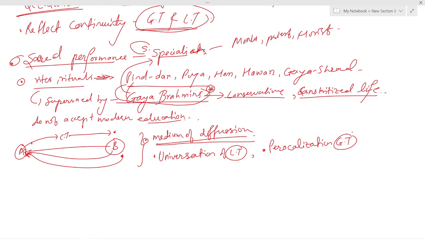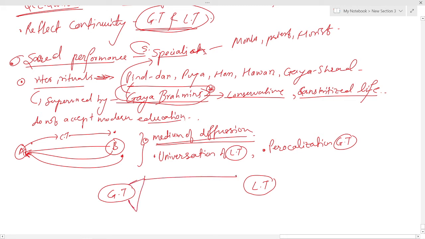And there is a diagram. See, this is great tradition, this is little tradition. Now we haven't talked about the tribe-caste continuum yet, but we will have a video on this particular topic as well.